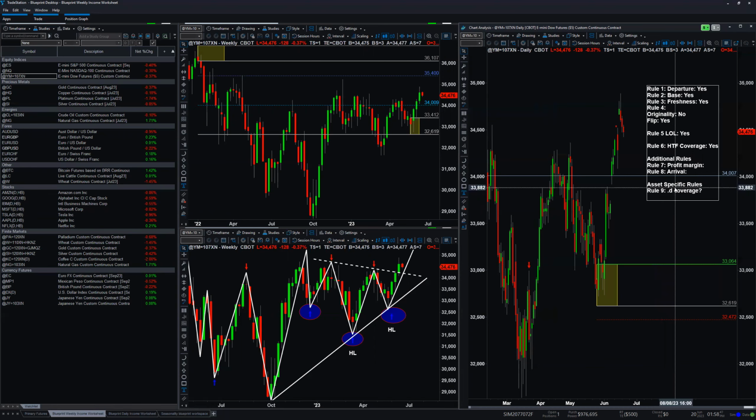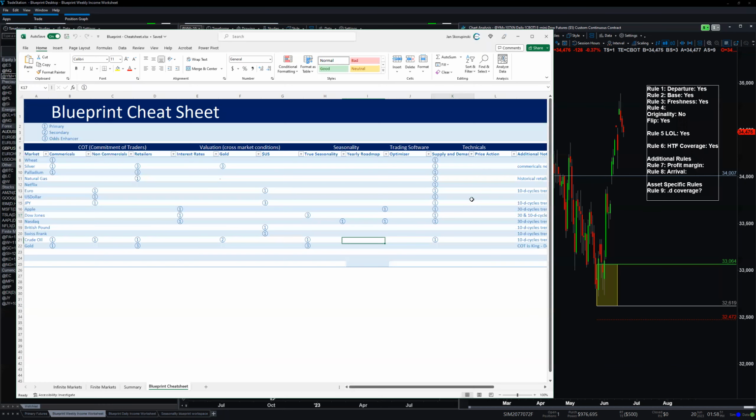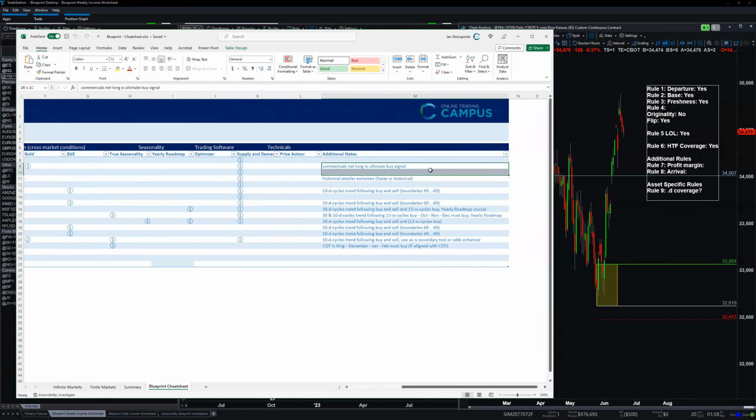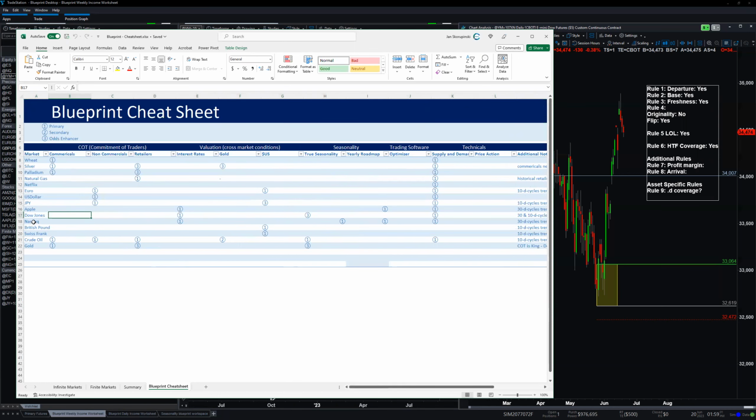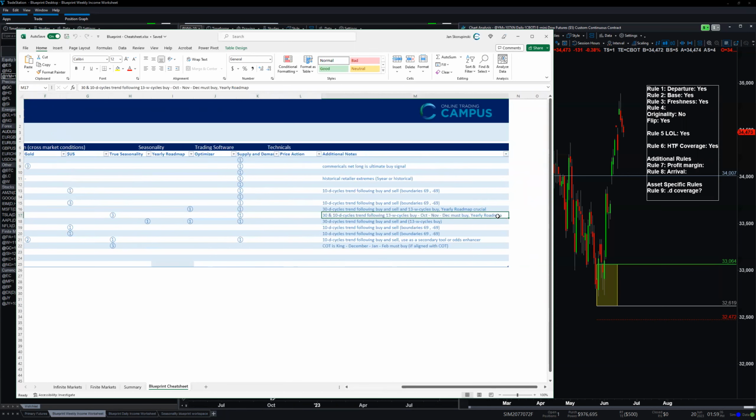And so when I have an asset specific rule here, what we're then going to write down here as additional notes, you could do either or, right? As you would write down into additional notes here, then as we look at the Nasdaq or the Dow Jones, you would look at what are some additional notes.